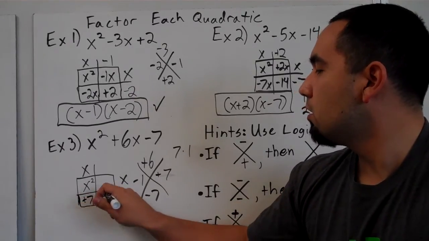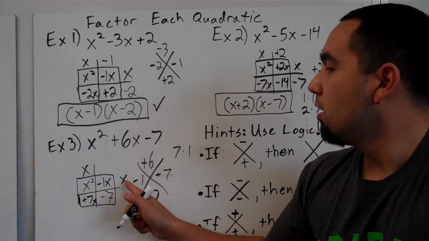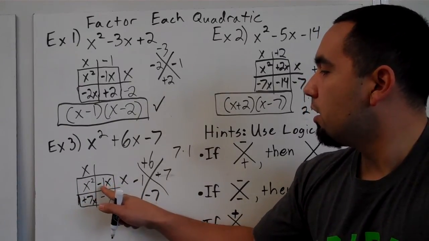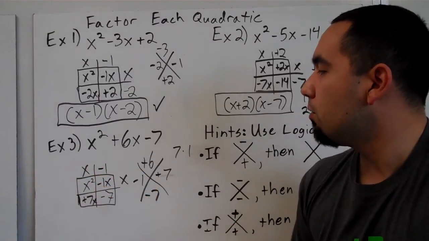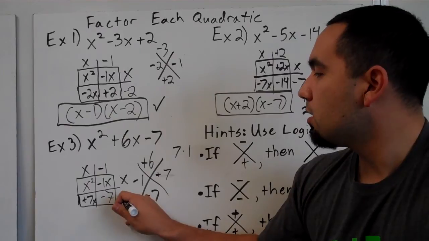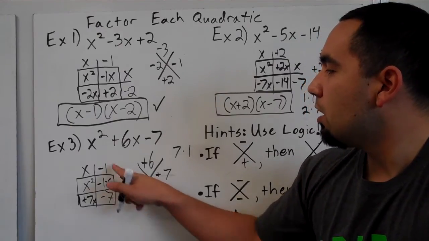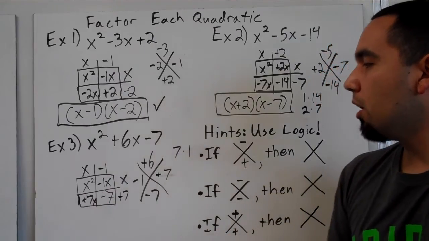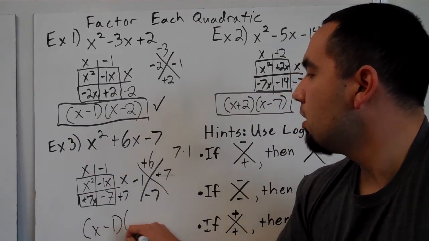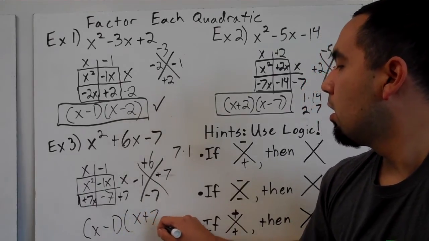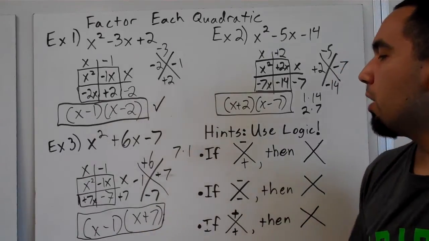And this is a negative 1x. Again, I look and I see that x times negative 1 will give me negative 1x. And here I see that this should be a positive 7, because positive 7 times negative 1 will give me negative 7. So I see that my answer is on the outside. And I can write my answer.